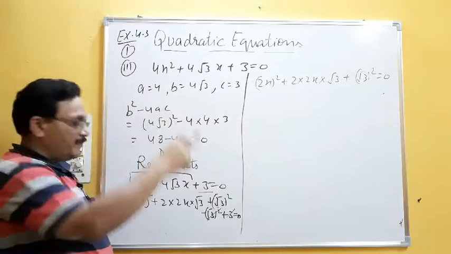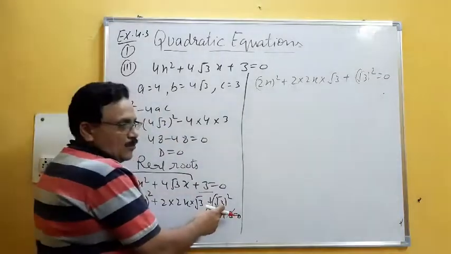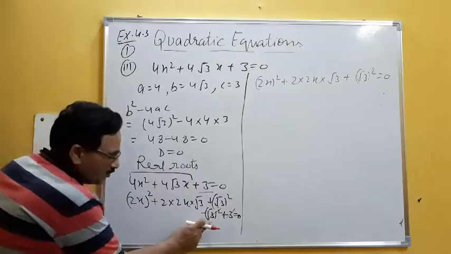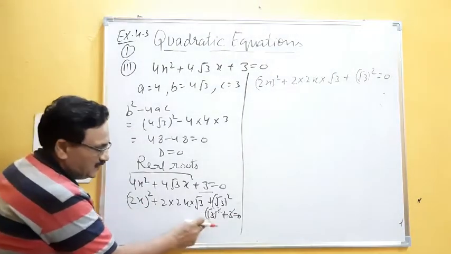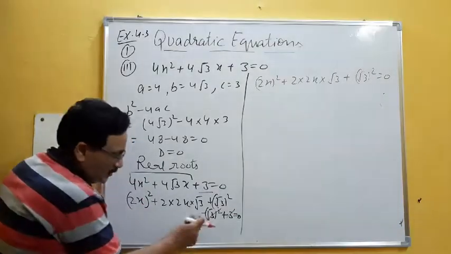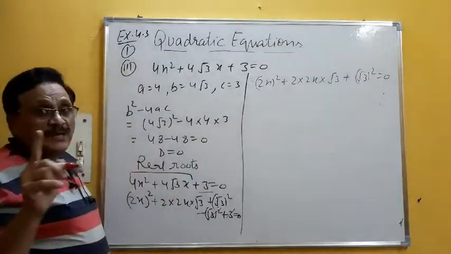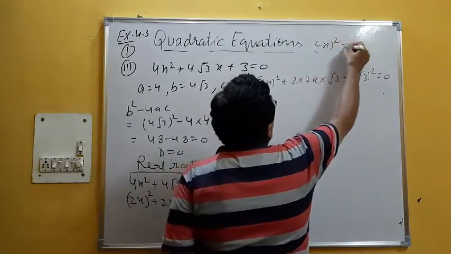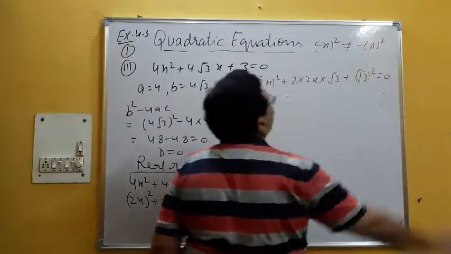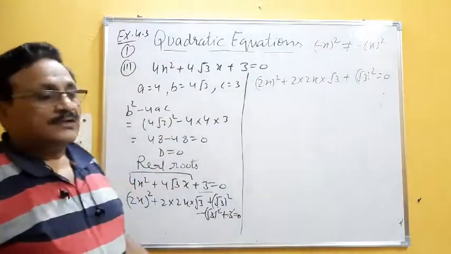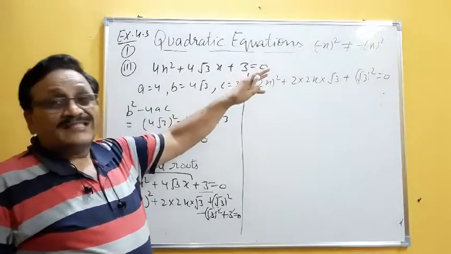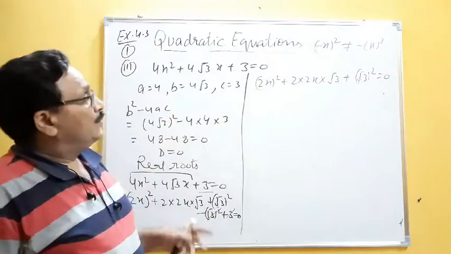The last question what we have done, the square of b we add and at the same time we subtract. Okay. Now you see what is the square of under root minus 3? This is the 3. So minus 3, because minus is outside. Please keep in mind. Minus x square is not equal to x square. Please don't get confused. I am telling you children, many students make the same mistake in board exams also.